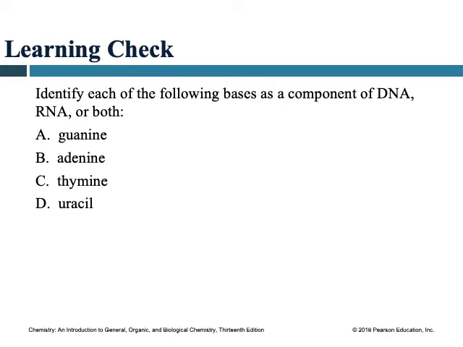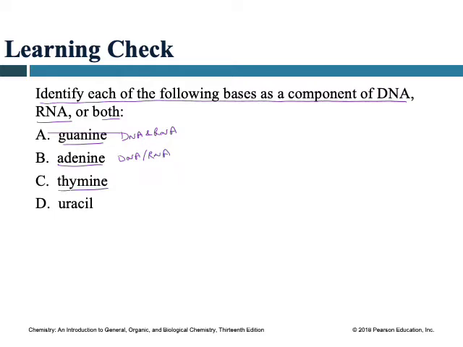Okay, so now let's do one more problem over here. Identify each of the following bases as a component of DNA, RNA, or both. So guanine is present in both DNA and RNA. Adenine is also present in DNA and RNA.